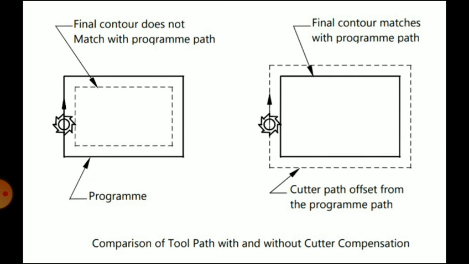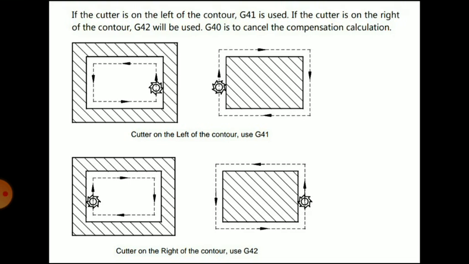In the diagram on the left-hand side, the final contour does not match the program path, and on the right-hand side the final contour matches the program path. So the cutter path is offset from the program path. If the cutter is on the left of the contour, G41 is used. In the first diagram, the cutter is on the left of the contour, so use G41.